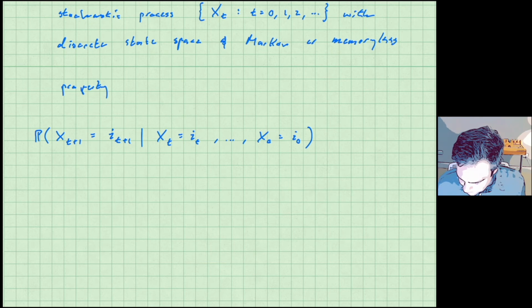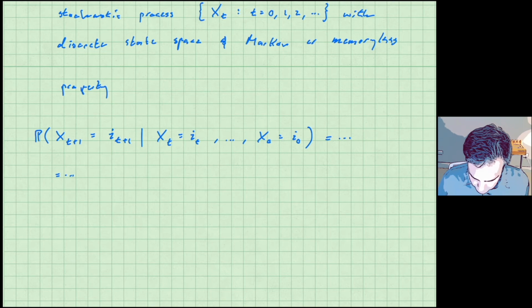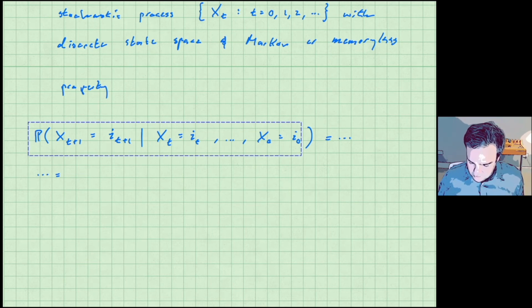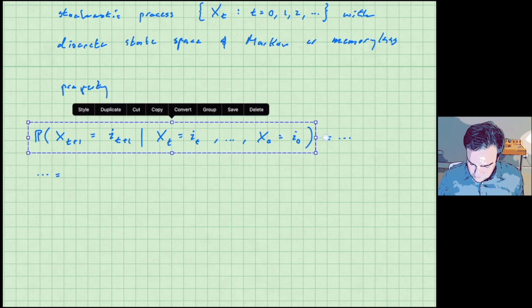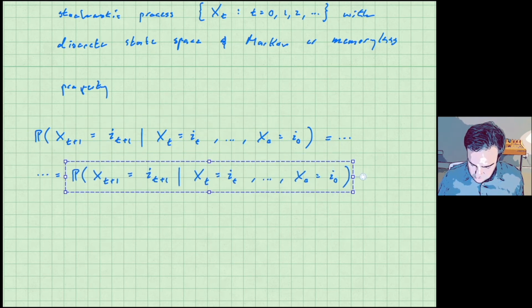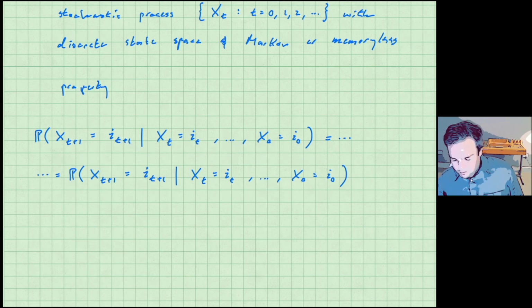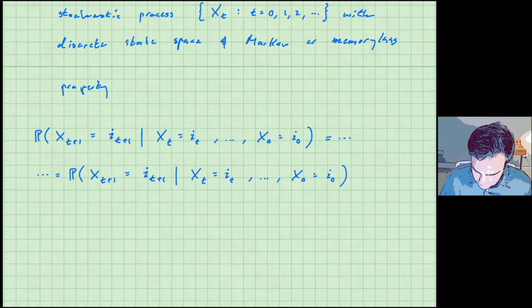So it's saying something about this thing. It's saying it simplifies in a particular way. And you can almost guess, I think, what it might be, just from the name memoryless. So I'm going to take it, duplicate it, put it down here. If it's memoryless, the conditional probability on the next element in the chain depends only on the present, the current value in the chain.